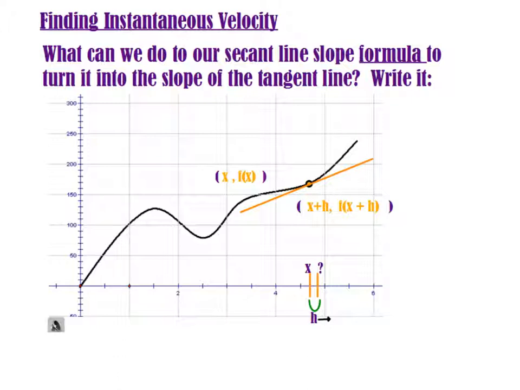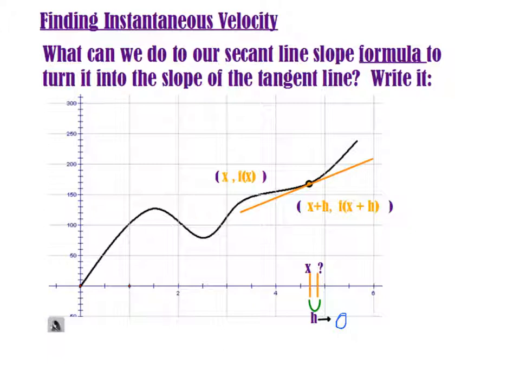I'm treating it like a limit, and I'm letting h, the distance between these 2 points, approach 0. I'm going to use that previous formula, but I'm going to treat it as a limit as I do that.